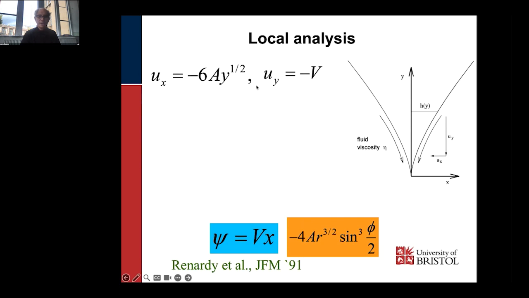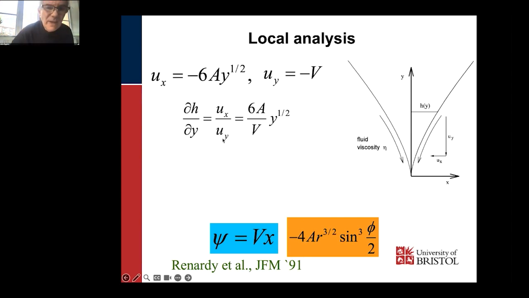Here it is. So taking one derivative, the velocity field goes like y to the 1/2. Now the free surface must be a streamline of the flow, which means that dh/dy must be ux divided by uy, which is y to the 1/2. And if I integrate once more, indeed, finally I get h equals y to the 3/2.